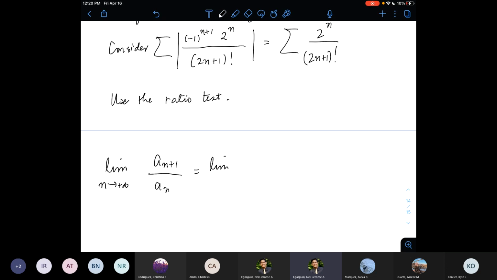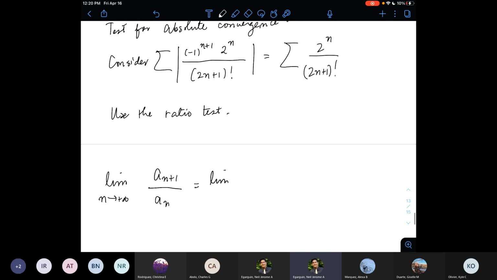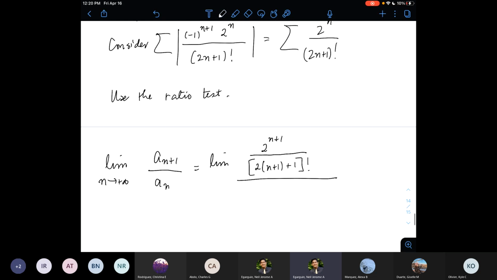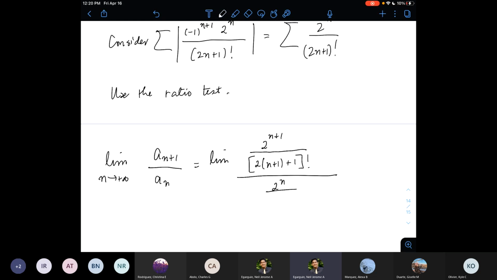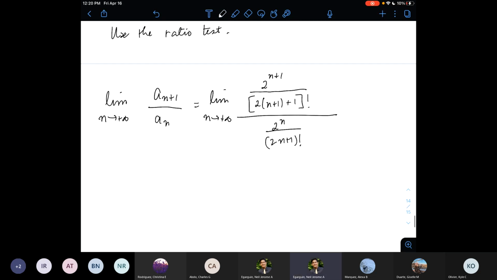A sub n plus 1, we replace all n's by n plus 1. So we'll have 2 to the n plus 1 all over, oh, be careful here. I will replace that n by n plus 1. So we'll have 2 times n plus 1 plus 1, everything inside a factorial, right? All over the given term as n approaches infinity.